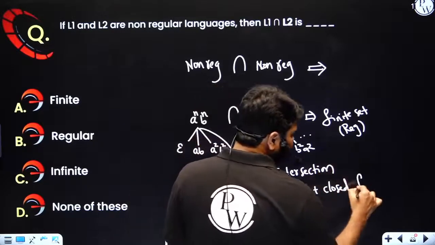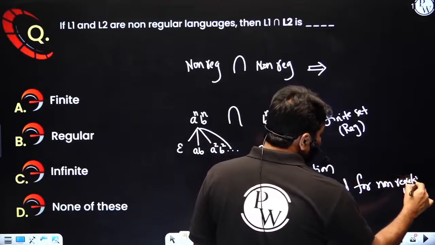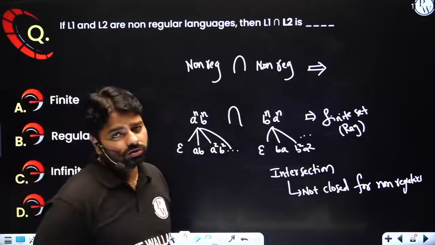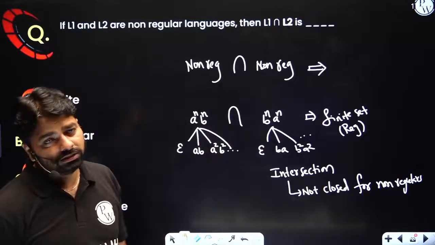Even for infinite languages, the intersection was not closed. Only for finite languages and regular languages is this operation closed.